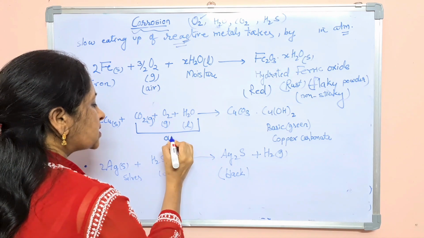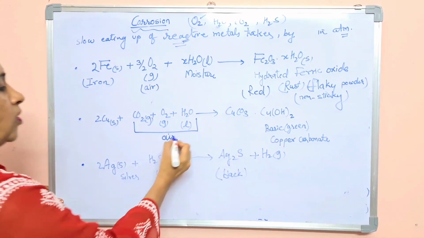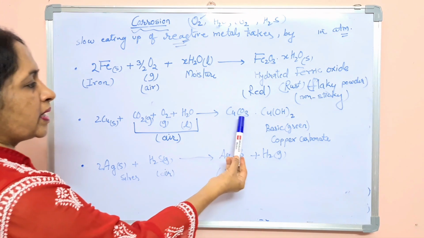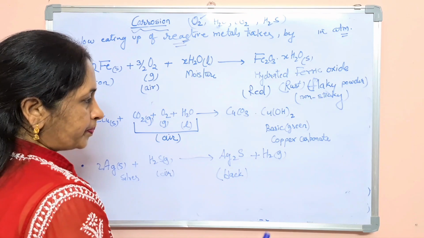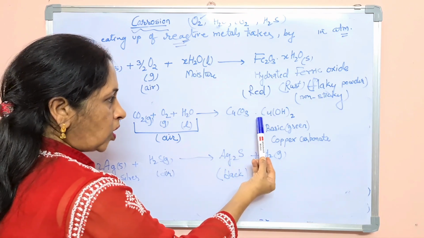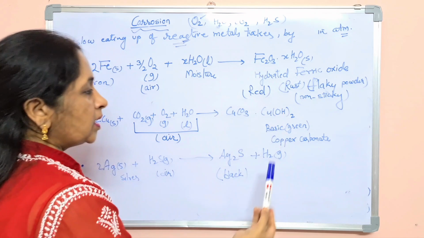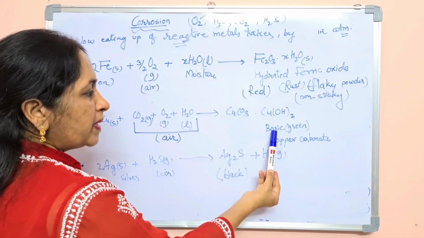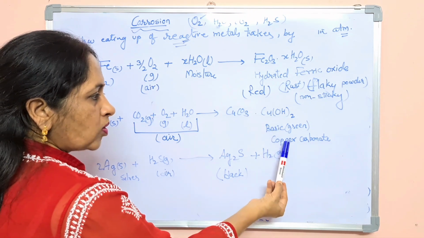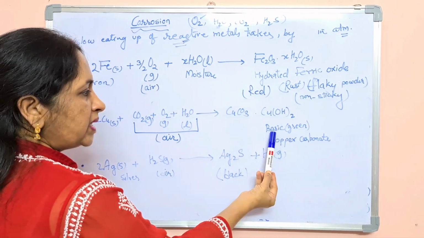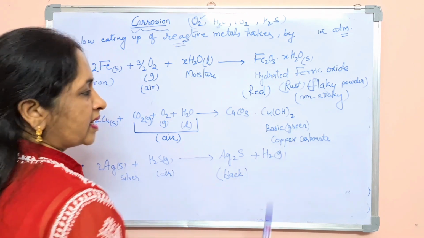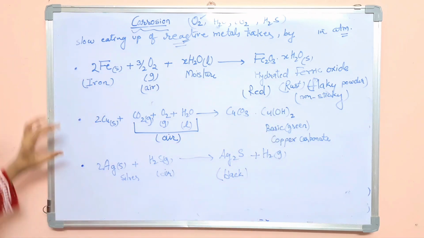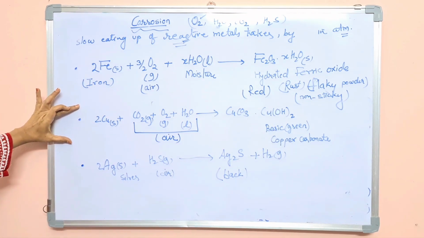All these components are present in the air, and it is converted into copper carbonate, copper hydroxide, CuCO3.Cu(OH)2. OH is responsible for the basic nature, so this is called basic copper carbonate, and it is of green color. Remember, basic copper carbonate is of green color. So this is the reaction for the rusting of copper.